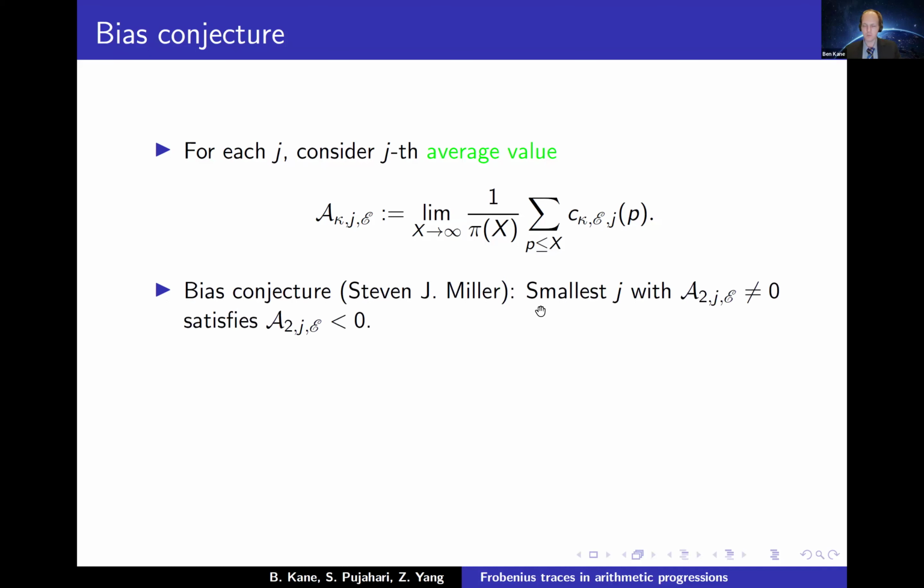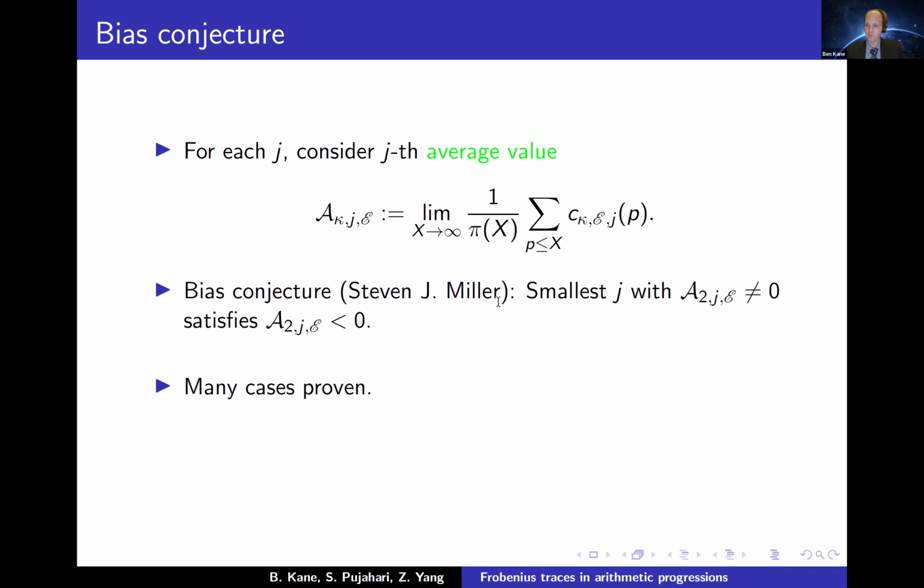He had some data, and this was somehow connected also to points of low height. So there's some sort of reason that he wanted this to be true. I don't know too much about that, but I know that he made this conjecture.